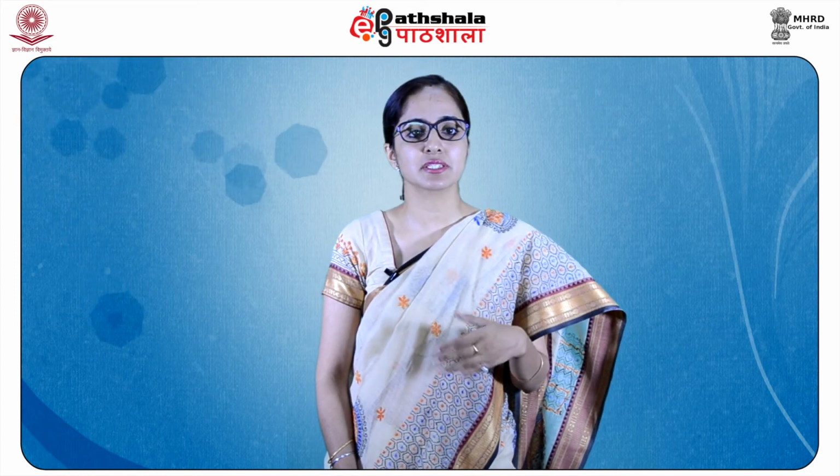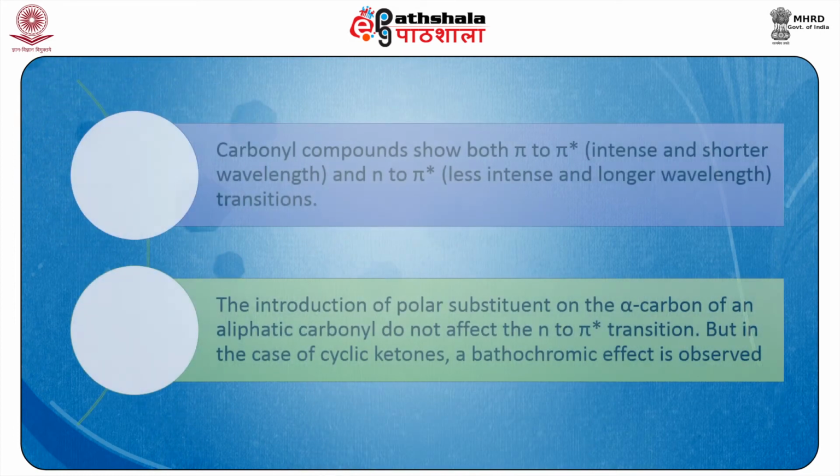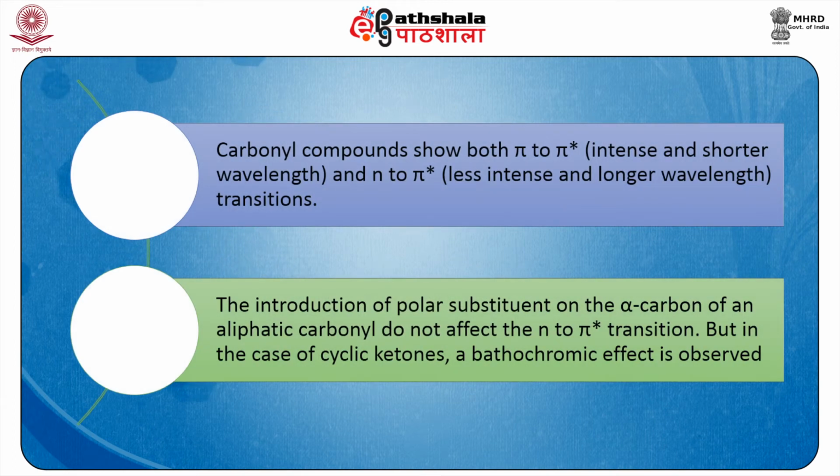Now, as has been discussed thoroughly above, carbonyl compounds show both pi to pi star, which is an intense transition with a shorter wavelength, and n to pi star, which is a less intense transition with a longer wavelength. The introduction of polar substituents on the alpha carbon of an aliphatic carbonyl does not affect the n to pi star transitions.